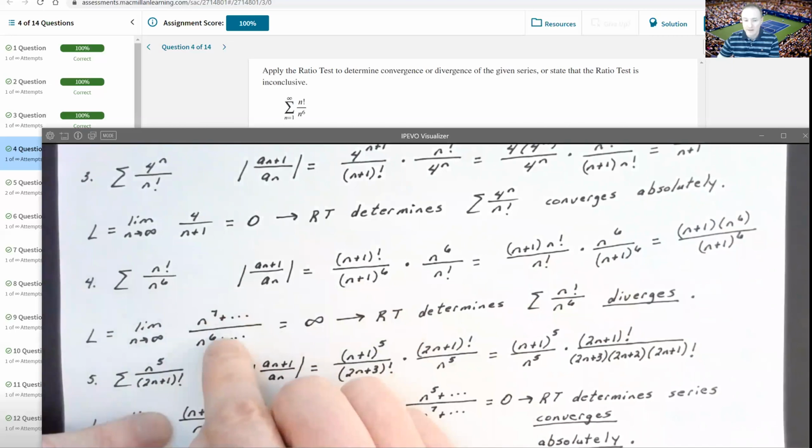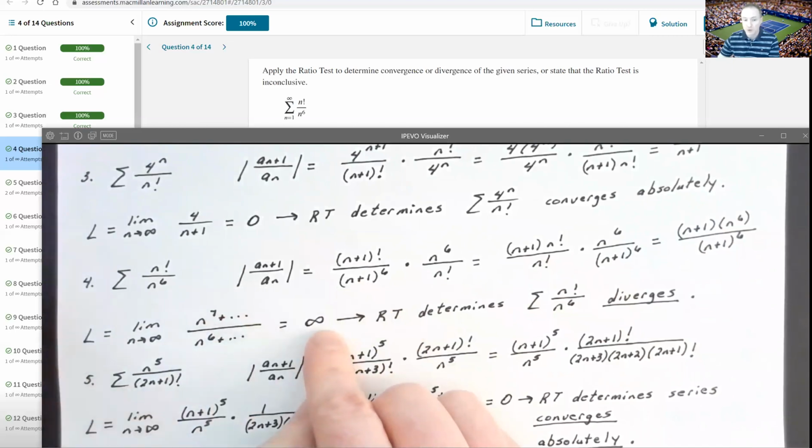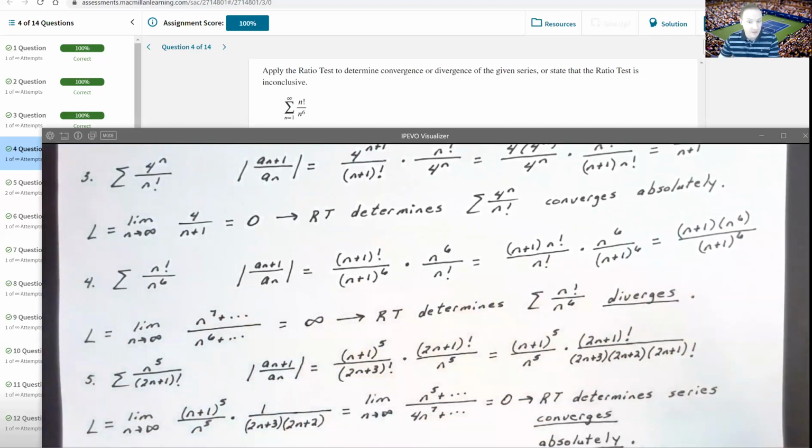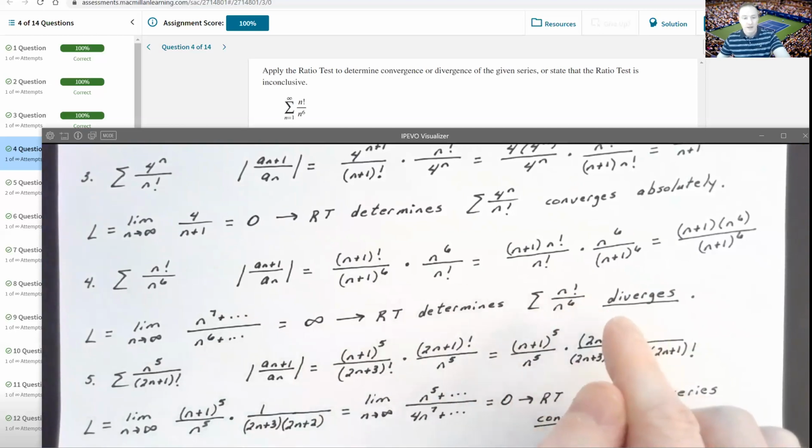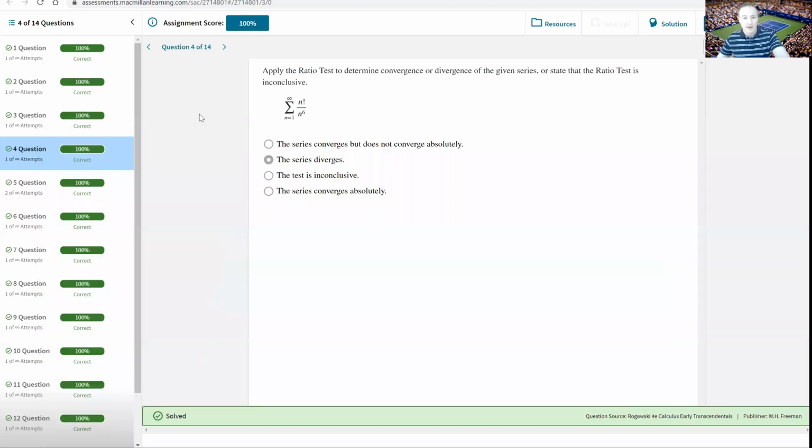So anytime that limiting value goes off towards infinity, or as we know, anytime it goes off to a value greater than 1, the corresponding series is going to diverge. Well, this is extremely conclusive evidence that n factorial over n to the 6th diverges. And you can see now that diverges is the answer I chose for number 4.